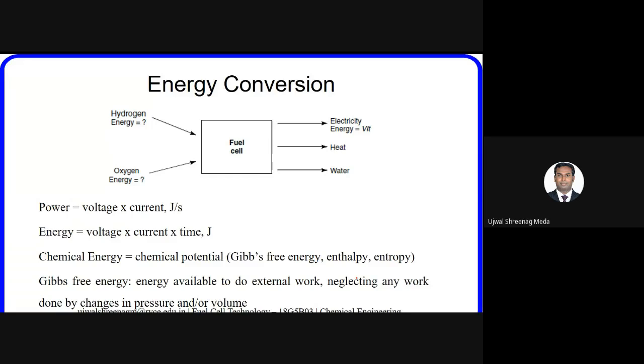So now we need to know what is this chemical energy? What is the chemical energy we are talking about? And when it comes to electricity, we also need to know a few other fundamental terms. So power, which is the product of voltage and current, and energy, which is the product of power and time.